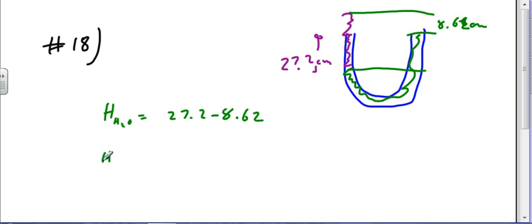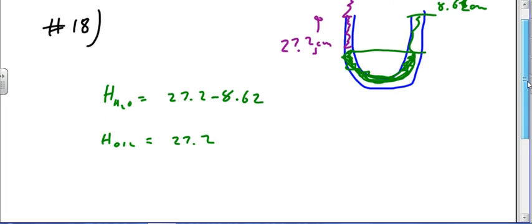And the height of the oil is going to be 27.2. Okay, and we can throw away this stuff on the bottom because it's just equal to each other, so that stuff on the bottom we don't care about.